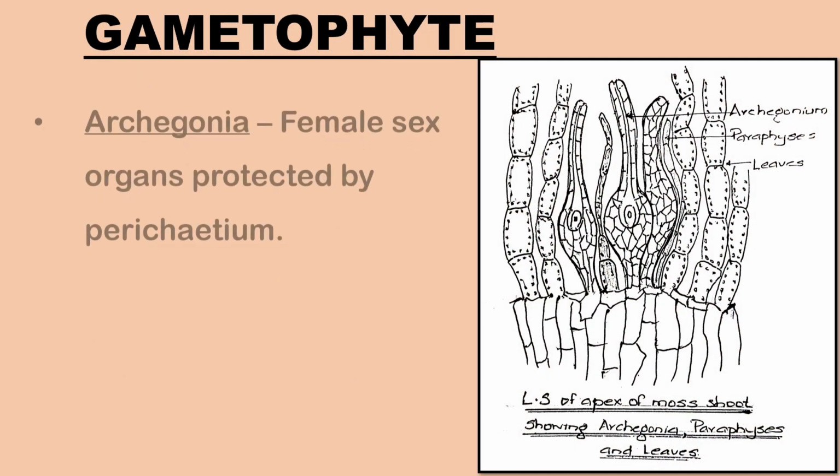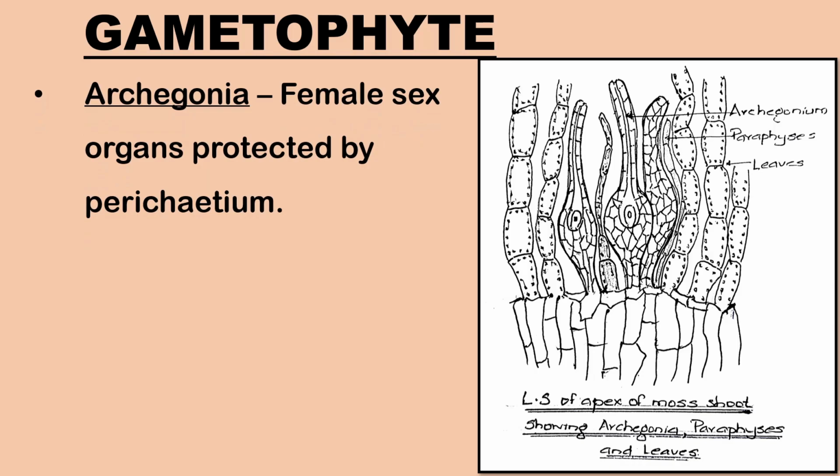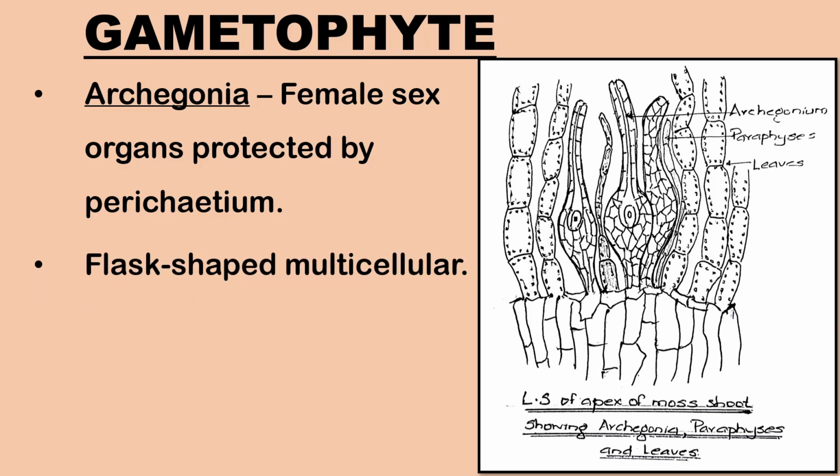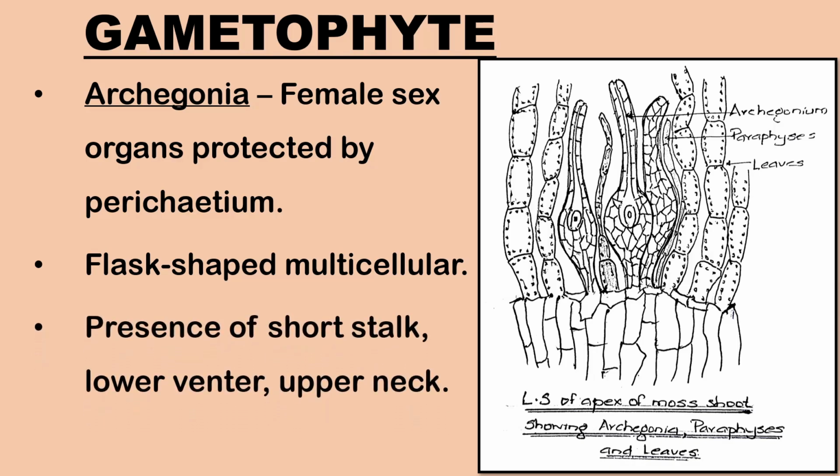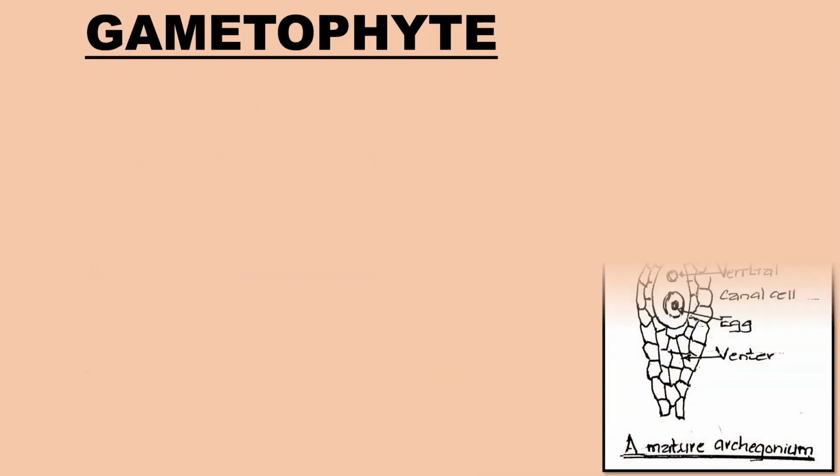The Archegonia are the female sex organs which are protected by modified leaves called perichaetium. The Archegonium is a flask-shaped multicellular body. It has a short stalk, a lower swollen portion, the venter, and an upper tube-like portion, the neck.